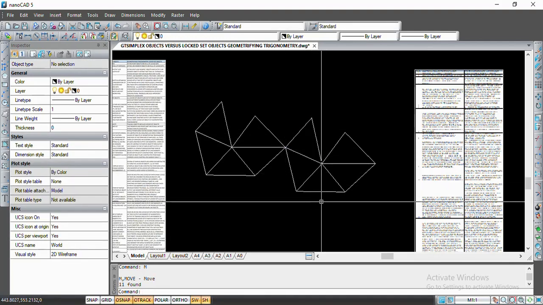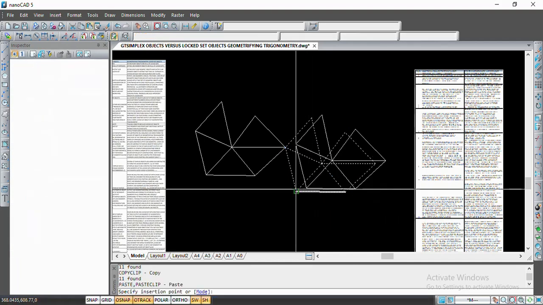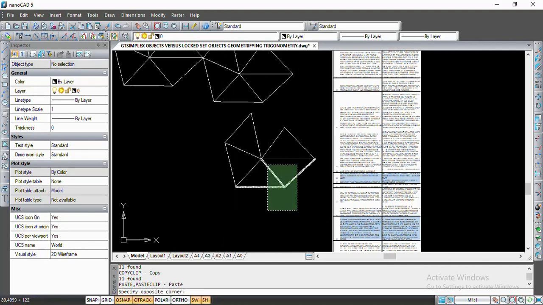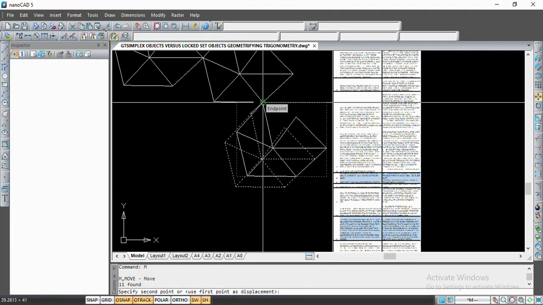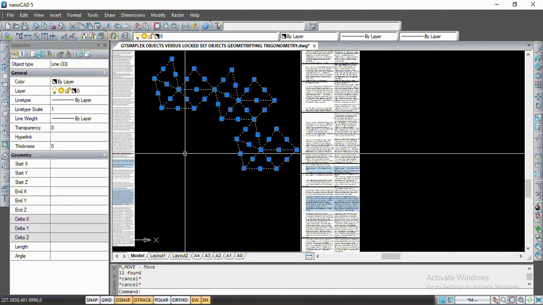And then we see the Gtsimplexes gathered together to form the locked set. These are the simplest formulation to talk about the locked sets. So now it is forming a locked set.